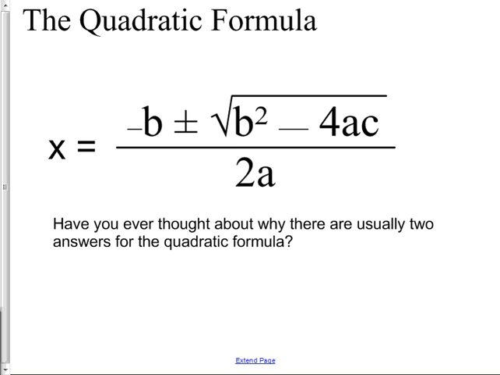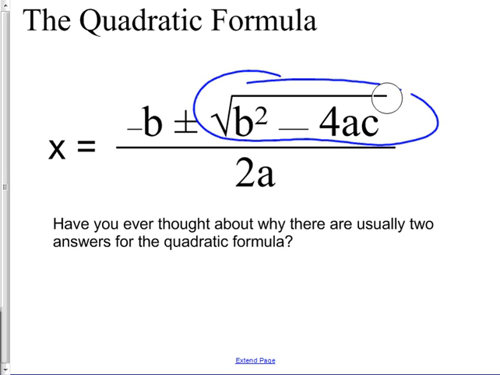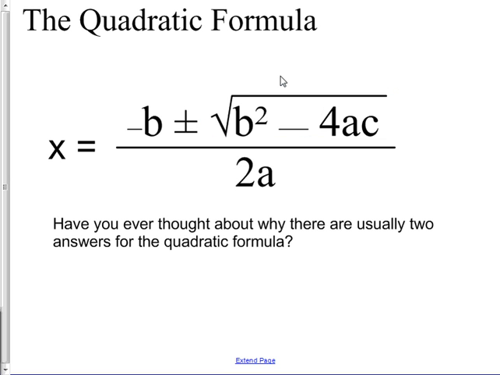All right, this part of it right here, that is the discriminant. But more specifically, it's what's underneath that square root. That's the discriminant. So it's b squared minus 4ac. I have started training my students that when they're going to use the quadratic formula, they should always do that part of the quadratic formula first.